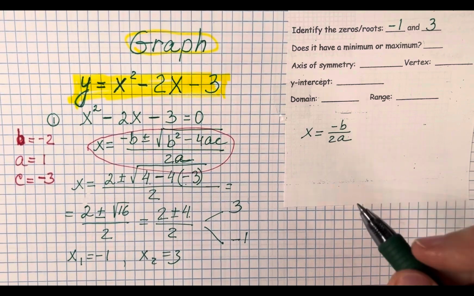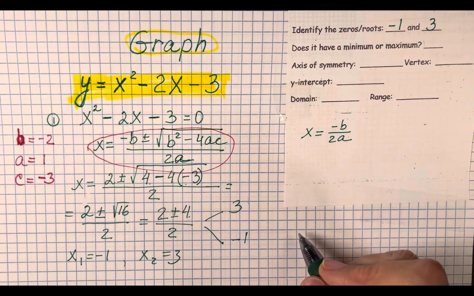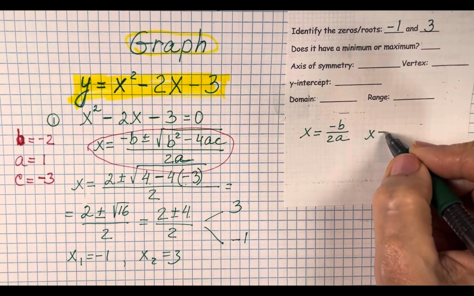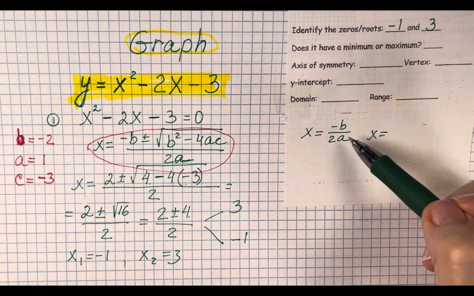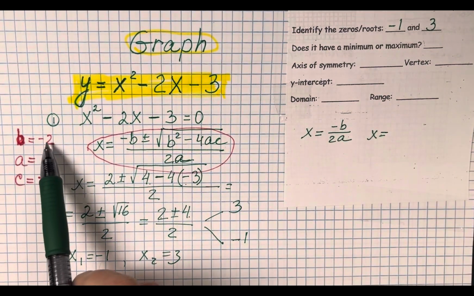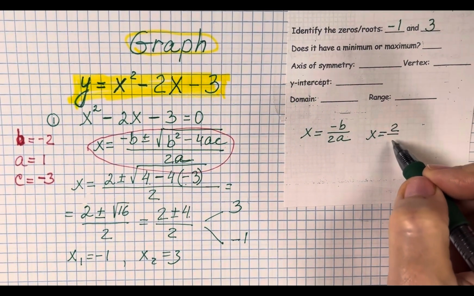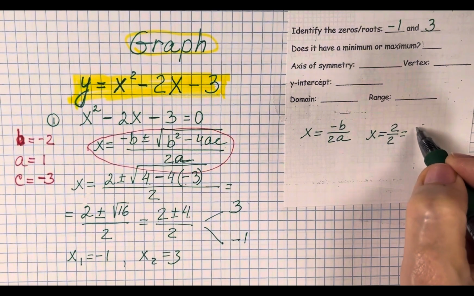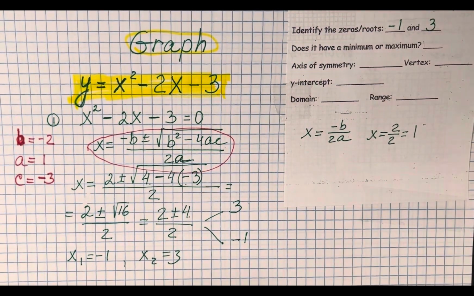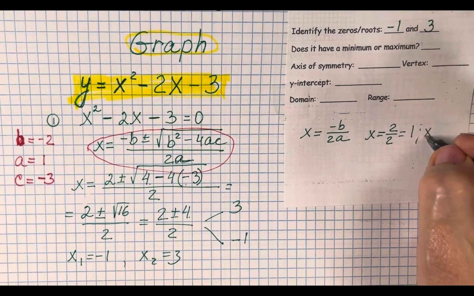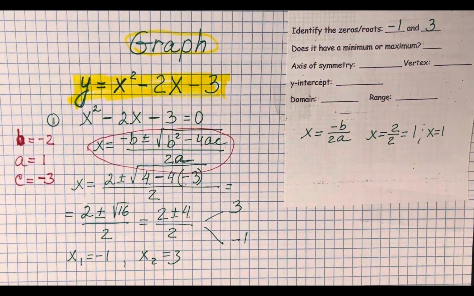In this case, x equals -b, the opposite of -2 is 2, over 2a, which is 2. So we have x equals 1. So in other words, x equals 1 is our line of symmetry.